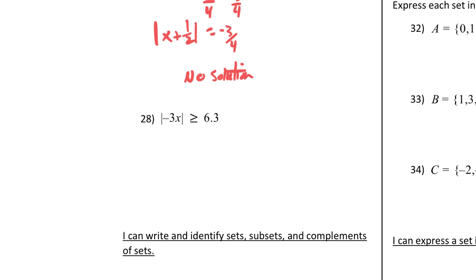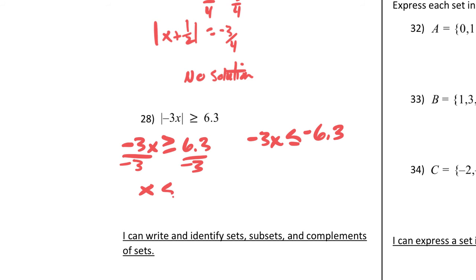Here we have, so when we do this, we have the positive version, so negative 3x is greater than or equal to 6.3, and negative 3x now divided by negative 1, so it's switched, and negative 6.3. Okay, so x is going to be, oops, not equal to. How about I just divide by negative 3?